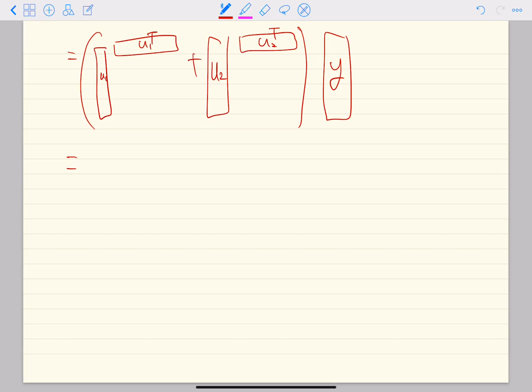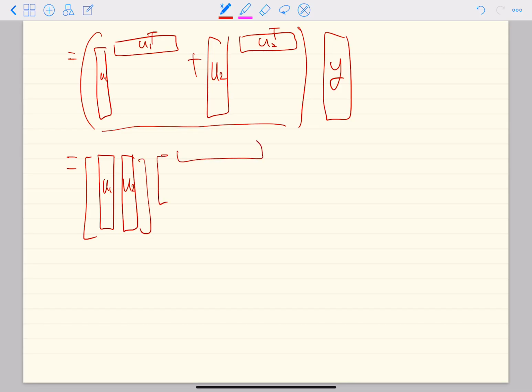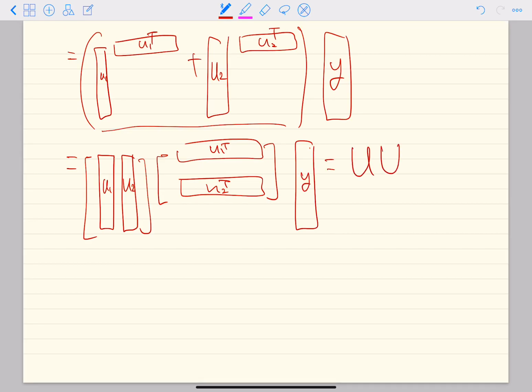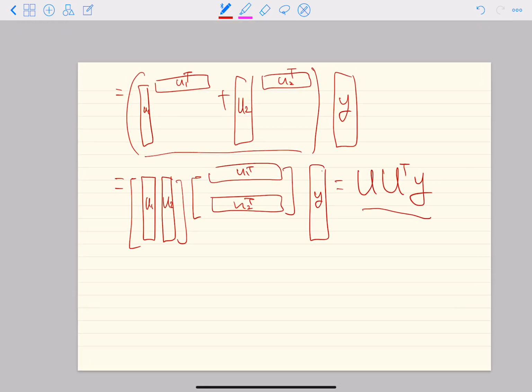So let's form this into a single matrix multiplication, where we have u1 and u2 as a single matrix, and u1 transpose, u2 transpose stacked, and we have y over here. Does it make sense? So what was this representation?